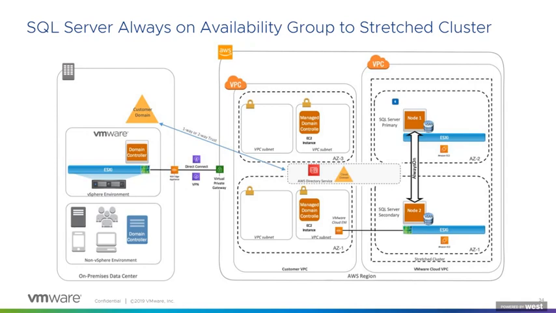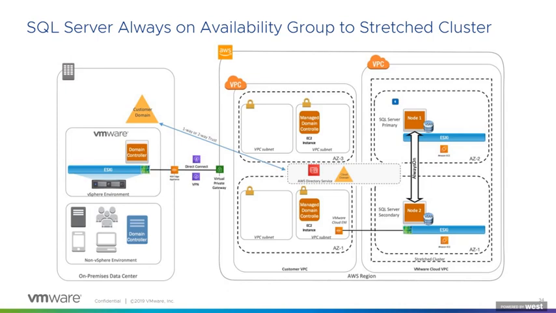These NVMe-based SSD storage volumes provide extremely high performance for SQL Server. The configuration that I'm showing on the right side of the diagram here is a stretch cluster, which means that each of the nodes or each of the hosts in your SDDC in this example are running in 2 different availability zones. So what this means is that you have high availability across the entire cloud environment.